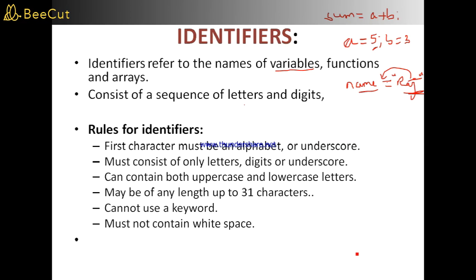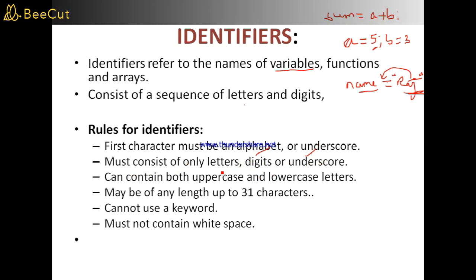So there are rules for identifiers. The first character must be an alphabet, not a number, not anything else. It should be an alphabet or an underscore. It may be either uppercase or lowercase, it does not matter, but the first character must be an alphabet. You should not write any symbol other than an alphabet or underscore. It must consist of only letters, digits and underscore.